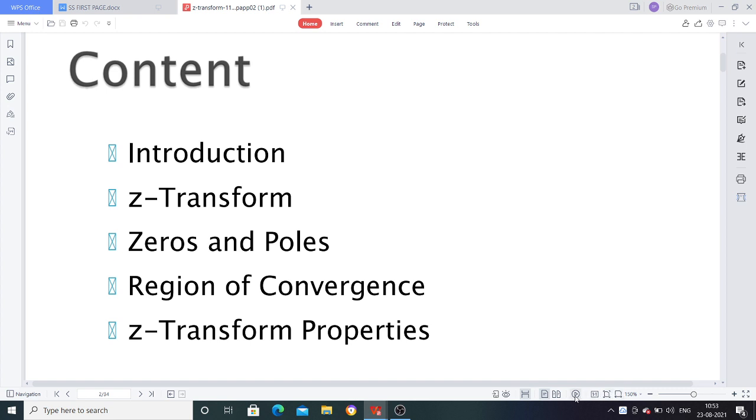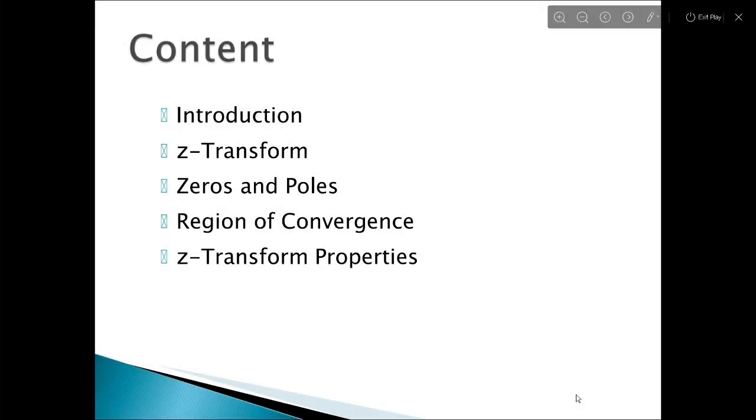That is the S domain and the Z domain. The contents I am going to cover in this presentation: one is the introduction, as I just discussed, and the need of the Z transform. Then I am going to explain the zeros and poles, and after that the region of convergence.